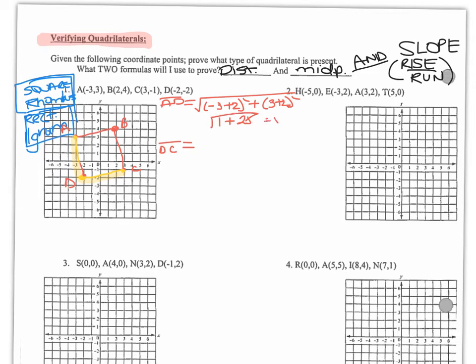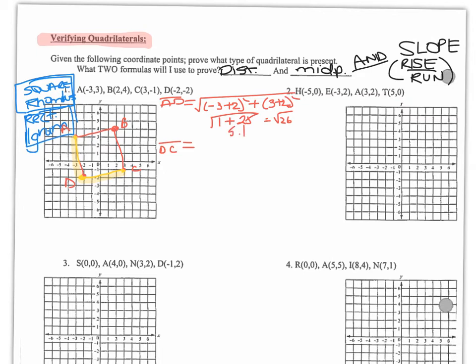So now I have the square root of 26, and I'm just going to get that as a decimal, if my calculator will turn on. All right, so the square root of 26 is 5.1.